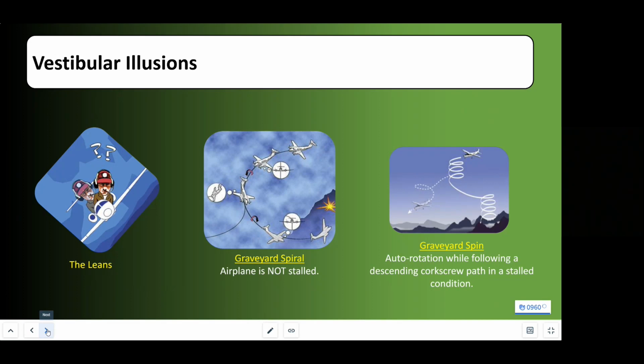But without proper visual horizon out there, or even an instrument horizon, your brain doesn't have enough information to process what's going on, and the fluid in the ears could be subjected to G-force that causes it to move in a different way than what the airplane's actually moving.